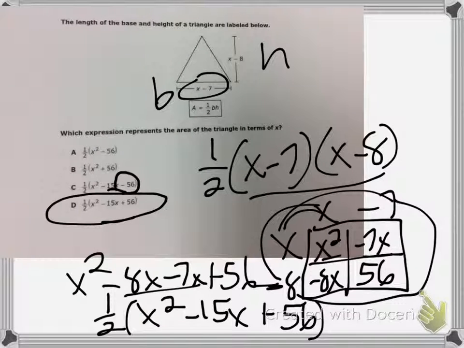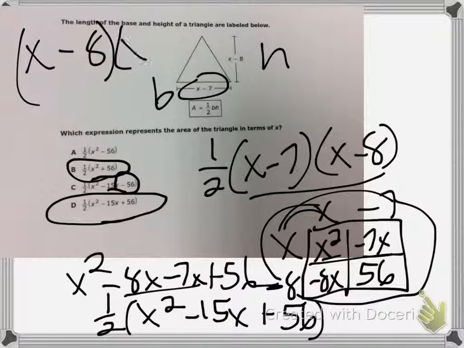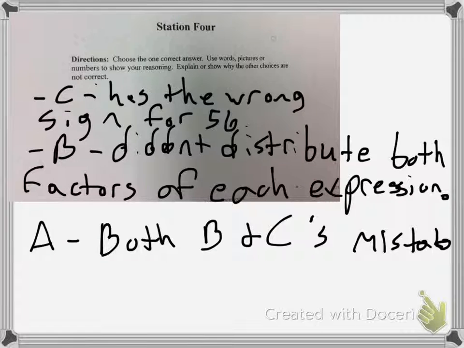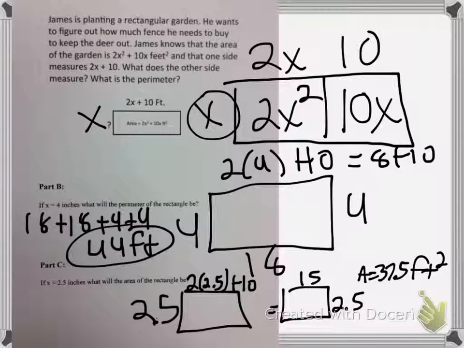So right here on B, you only got x squared and 56, so that tells me all they did was multiply x and 8 and 7 and get 56. They did the same thing for 1, except they got the signs wrong and got negative 56. So that's what they did wrong for A, B, and C.